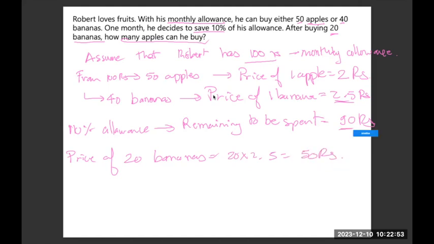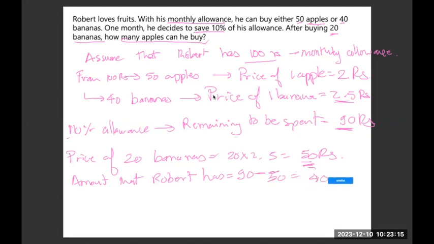Out of 90 rupees, he has already spent 50 rupees. So the amount that Robert has is equal to 90, which is coming after the 10% allowance is saved, minus 50, which is the price of 20 bananas.